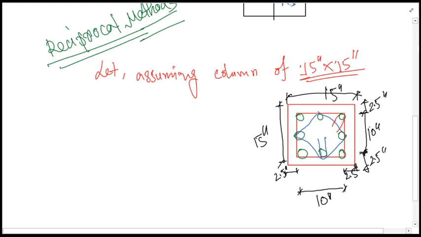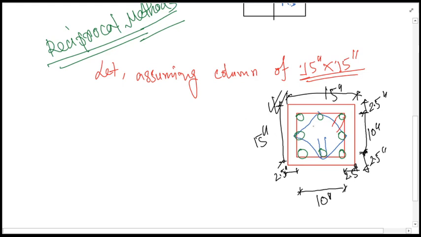These things are required because whenever we apply the reciprocal method for an eccentric column, it will need these dimensions. So this pattern will be followed for our example. For your particular case, whichever pattern you use, you must mention it first.